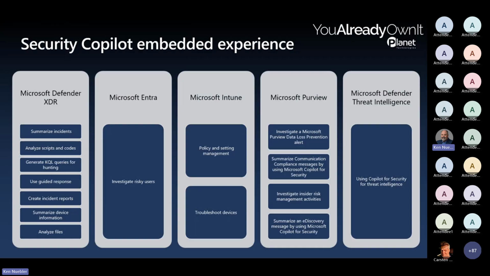Gotcha. So then here's some of the embedded, right? Yeah, so this is some of the abilities that we have across the platform here. So I'm just gonna pick a few here. I'm not gonna read all of these. For example, the guided response in XDR, you'll see this here in a second.